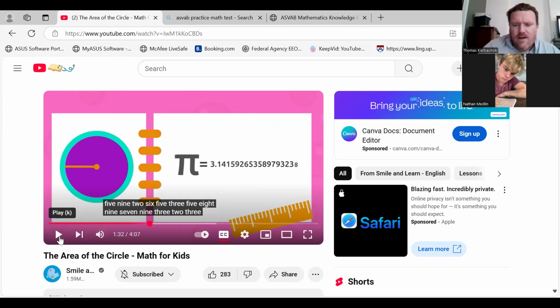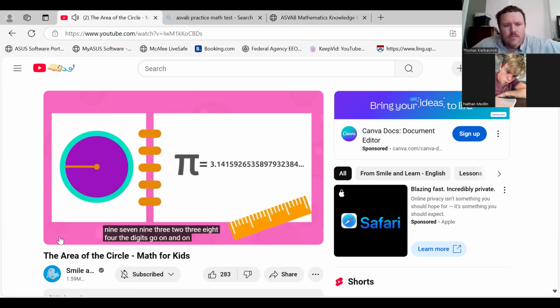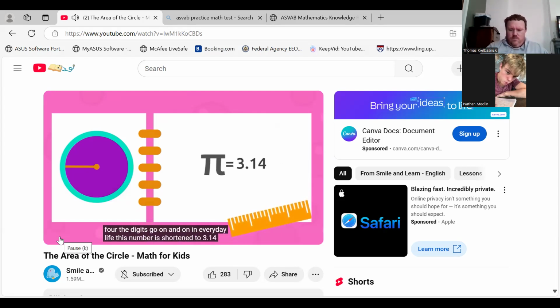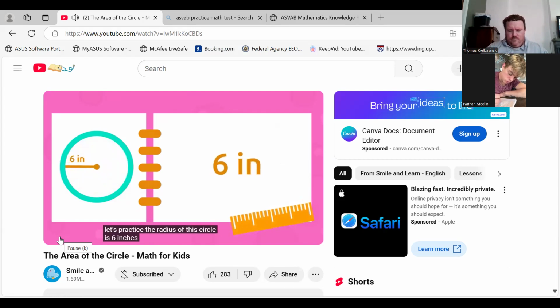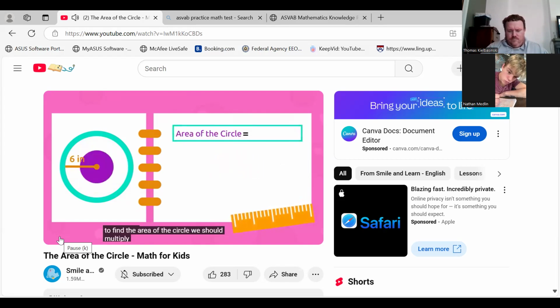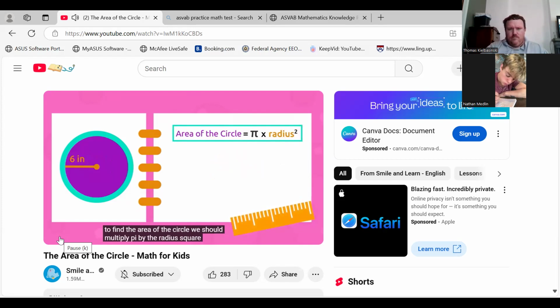The digits go on and on. In everyday life, this number is shortened to 3.14 to express it in a simple way. Let's practice. The radius of this circle is 6 inches. To find the area of the circle, we should multiply pi by the radius squared. In other words, multiply it by itself.